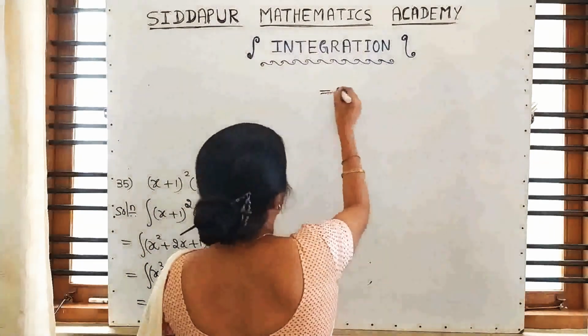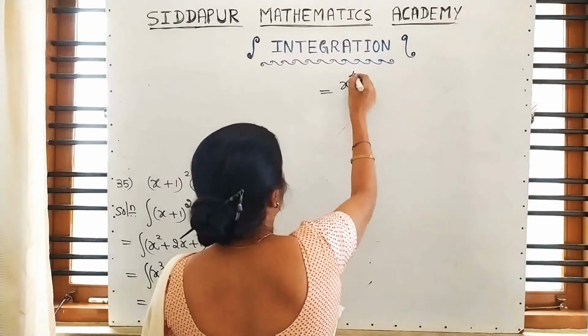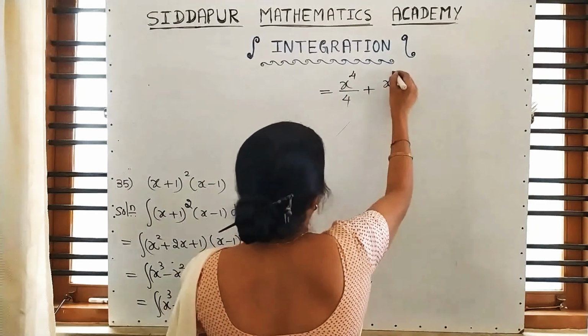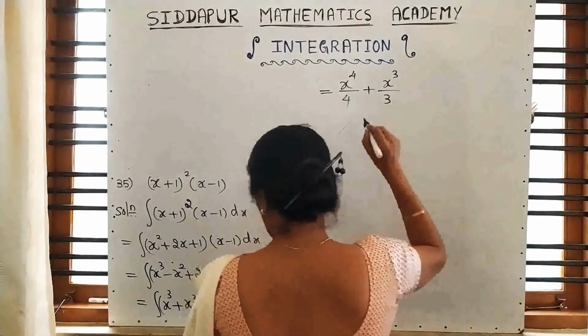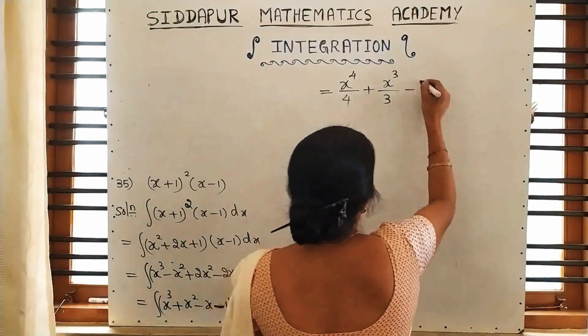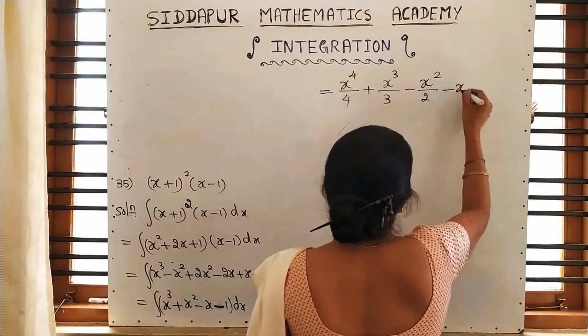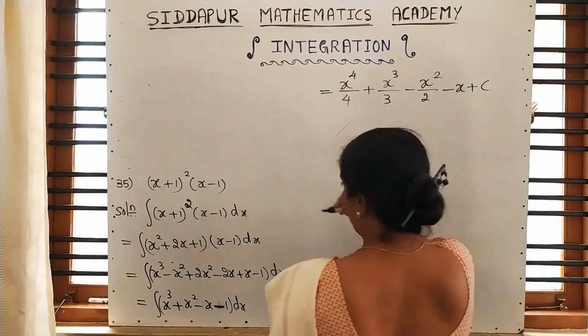Integration of x raised to 3 is x raised to 4 by 4, plus x square is x cube by 3, minus x is x square by 2, minus 1 is nothing but minus x, plus c.